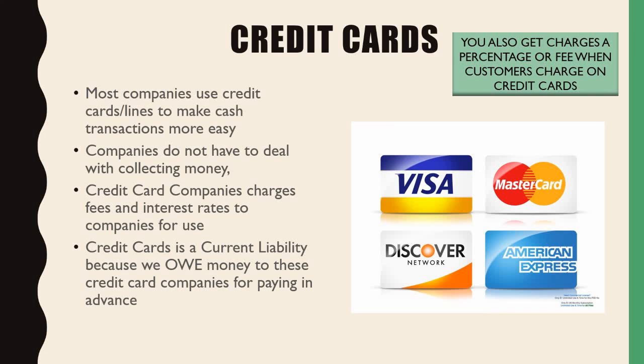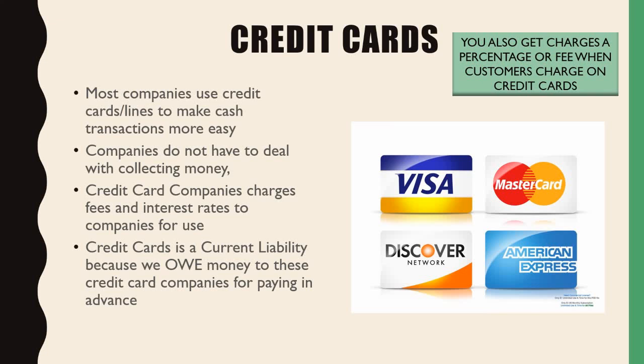But because Visa had to get that money for you, or in this case pay for them, they're going to want to charge you because you asked them to collect the money for you in the first place. So they're going to charge you some kind of percentage of sales.